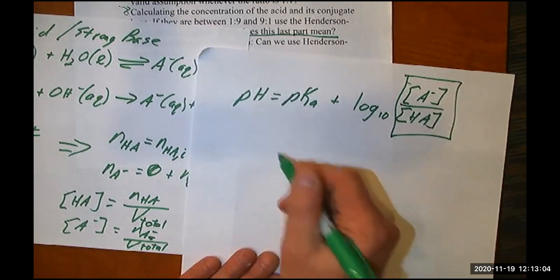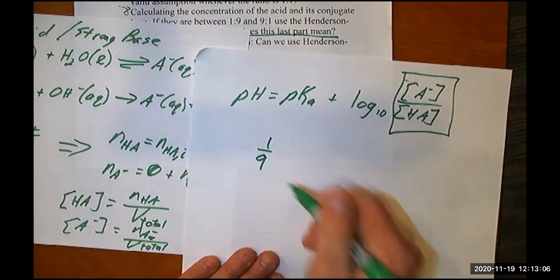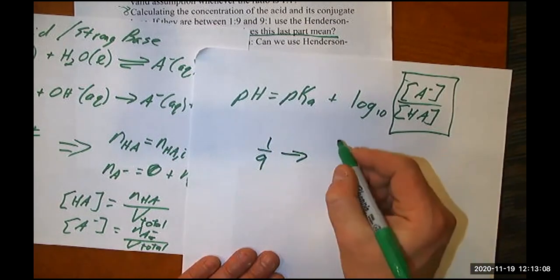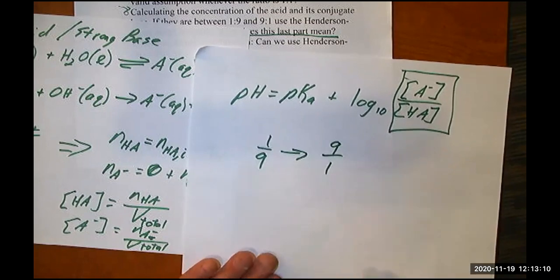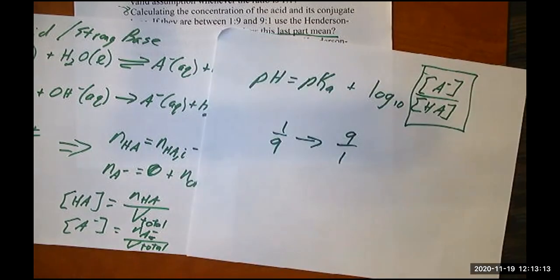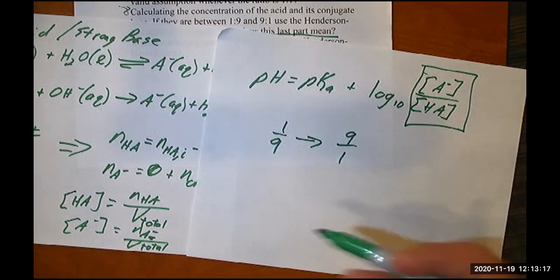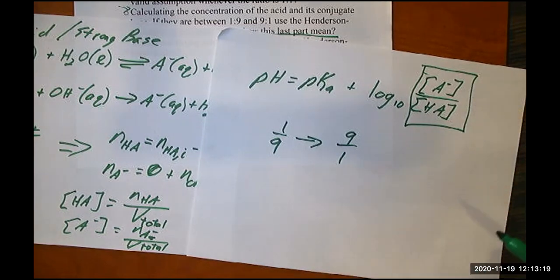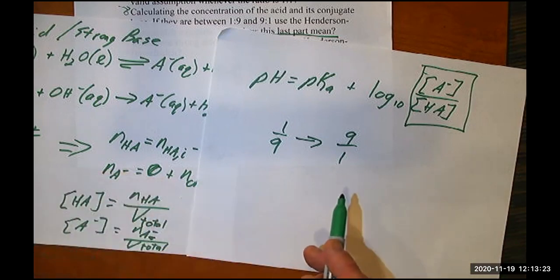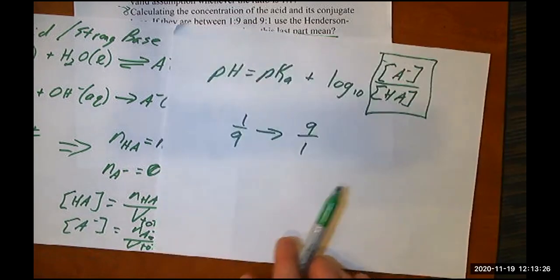If that ratio is between 1/9 and 9/1, so that one of these constitutes 10% of the total amount of A that you have, and the other one constitutes 90%, if you're in between that range, then the Henderson-Hasselbalch equation is considered accurate enough to use.